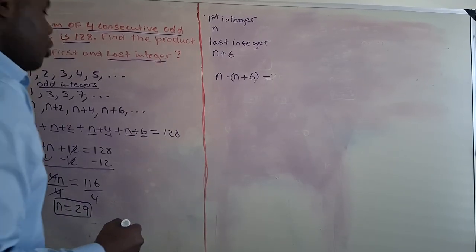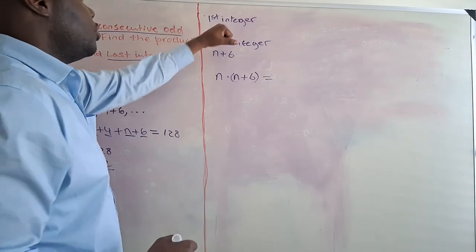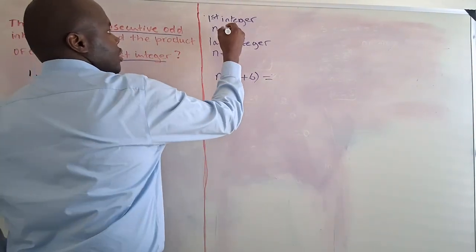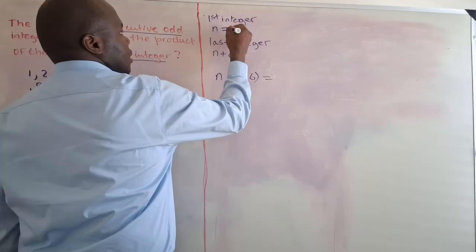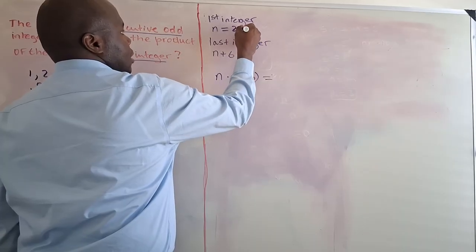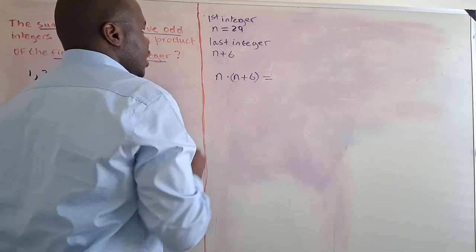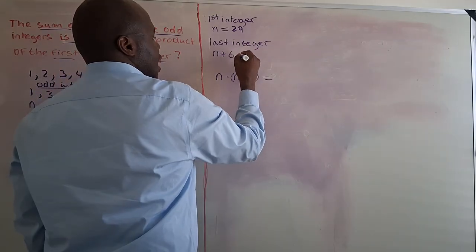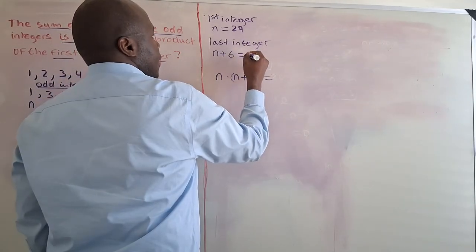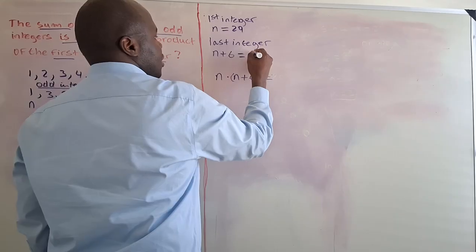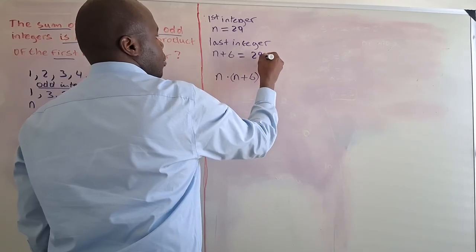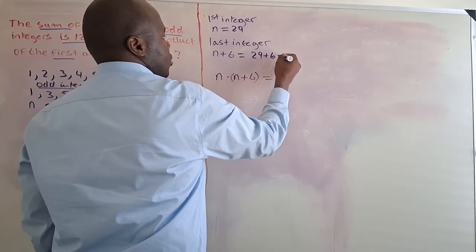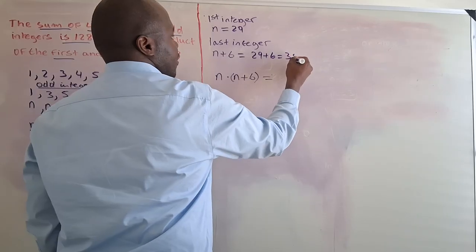Now, remember, n is the first integer. So the first integer was 29. And the last integer, if the first integer is 29, the last integer will be 35, right? Which is 29 plus 6, which gives us 35.